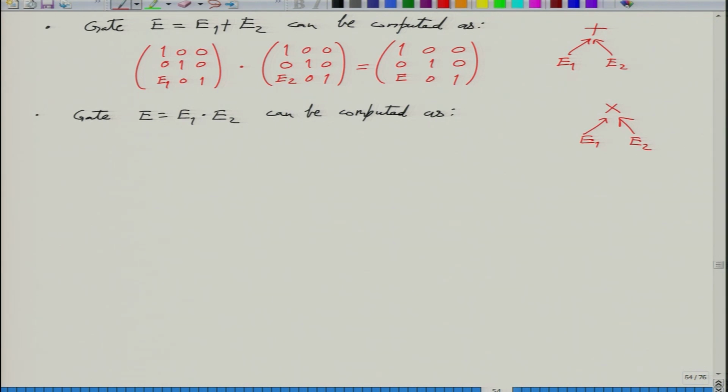So what else can you do to get E1 times E2 now in the bottom left corner? No, all you can do is multiply and use these symmetric operations.